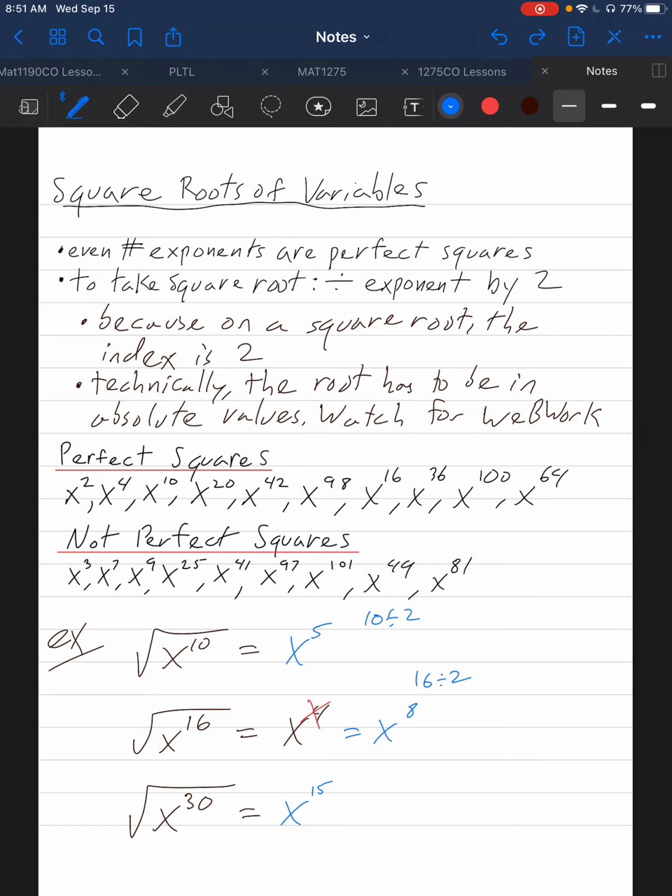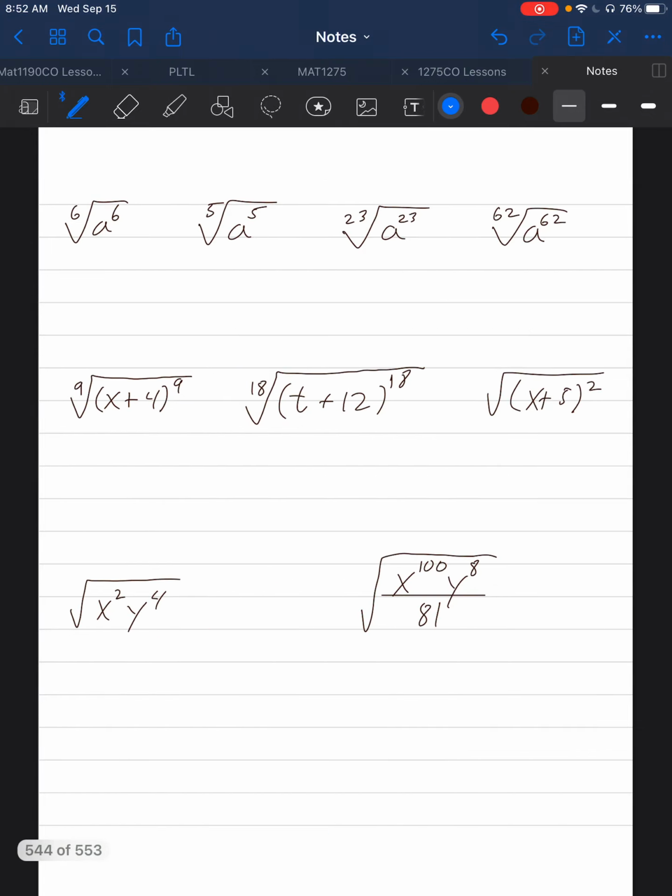It has to be a positive number. And then in order to ensure that, you have to put the absolute value bars around your answer here, because once again, we are taking the root of an even numbered index. So watch for that on WebWork, because on WebWork, they're going to look for that, right?